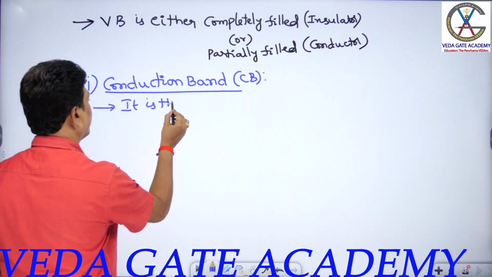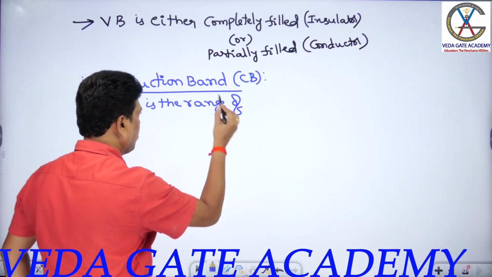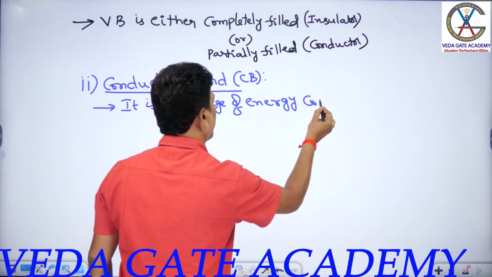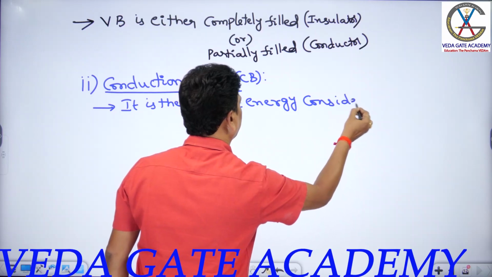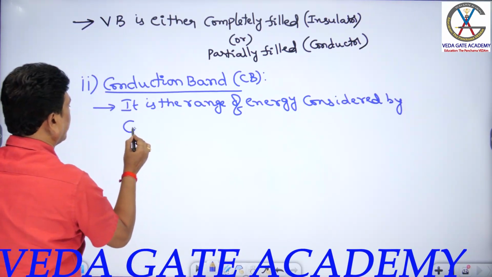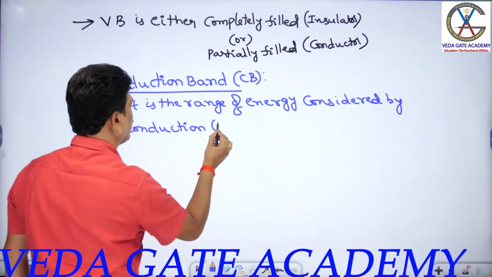It is the range of energy, or probability of energy, considered by conduction electrons, that is, free electrons.